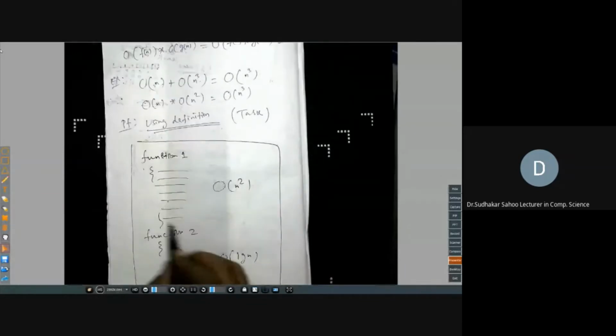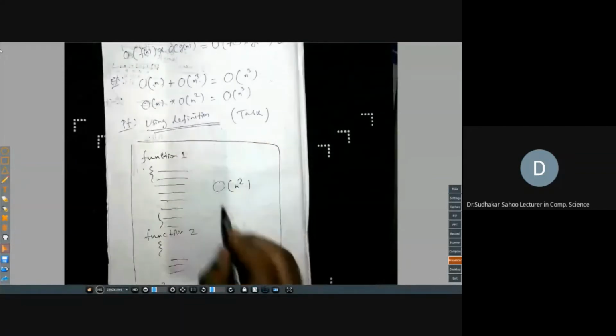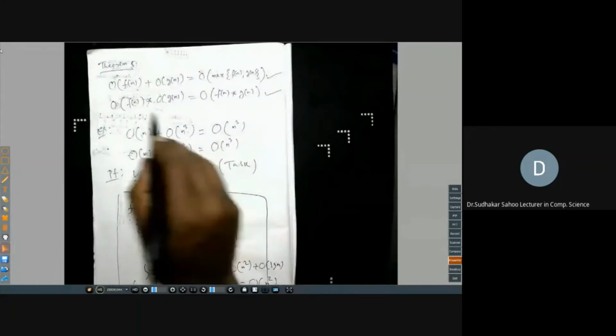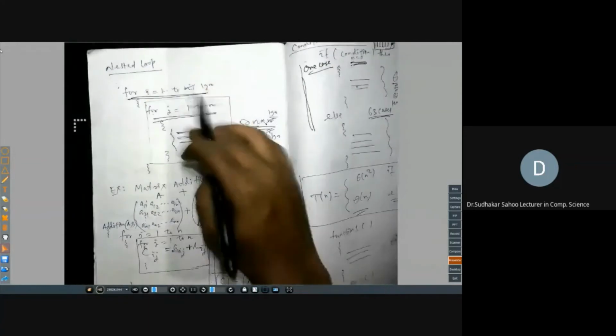Or if you have already computed one module's time as big O n square and another module's as big O log n, you can use that. Then the total time is big O n square plus big O log n. So what is the answer? The answer will be big O of the maximum, big O n square. We use this in nested for loops too, like big O n into another big O n square. This is what we discussed in the last classes.